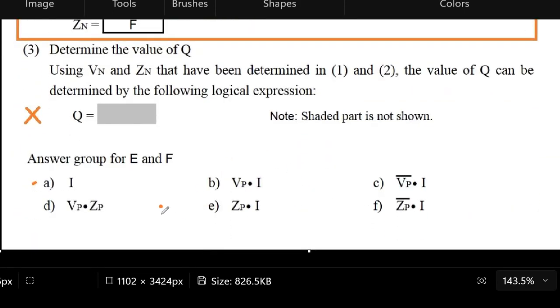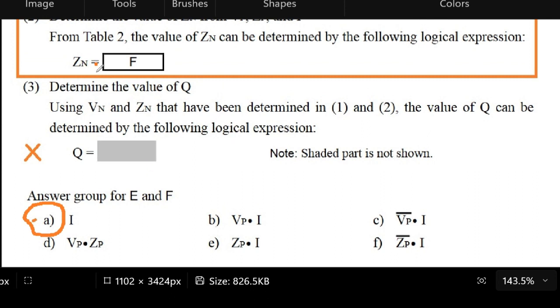But in this case, because Zpi, although would give us 1 as well, we've already chosen this in a previous sub-question. So the remaining one would really be letter A, which is I. So for this question, Zn is equal to I. That is the logical expression that we are going for.